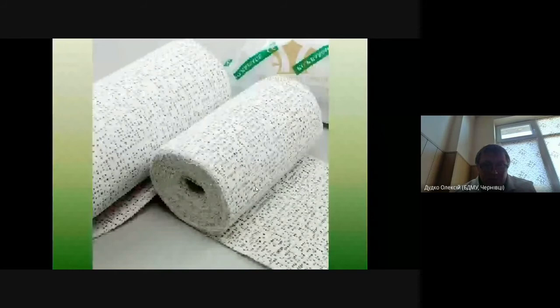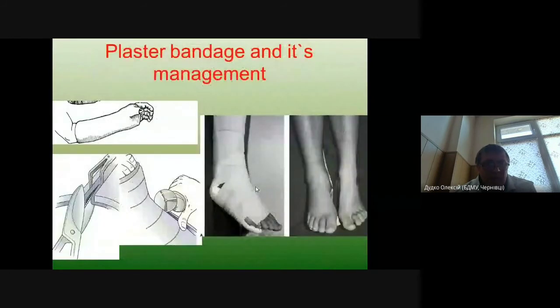It takes maybe 5-7 minutes to make this bandage hard, and all this time you should keep the reduced fracture in its correct position. Only when it hardens, you may relieve your fixation with hand. That's a way how we can manage the POP bandages.